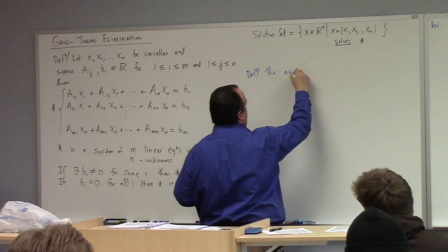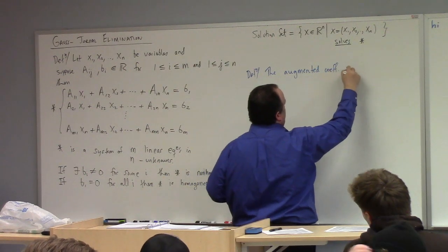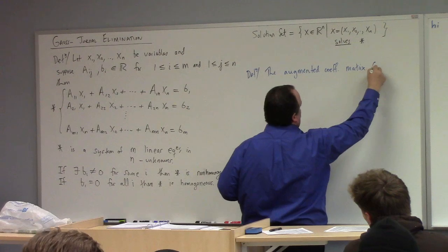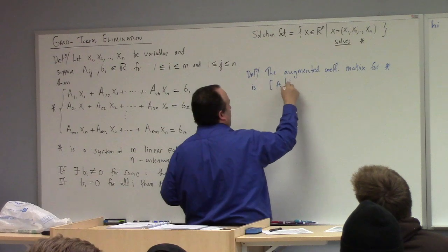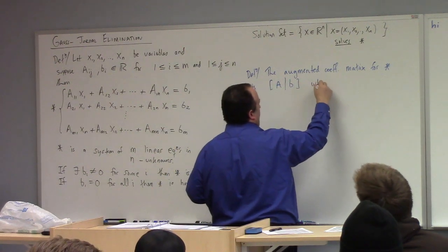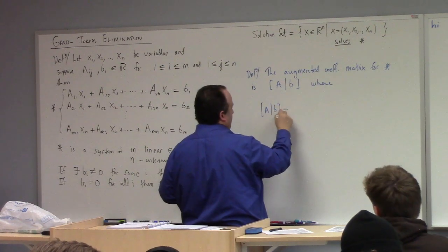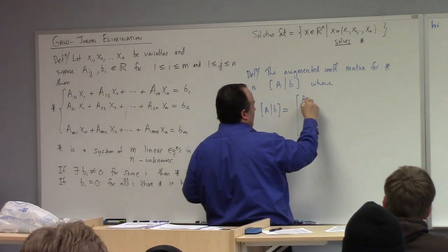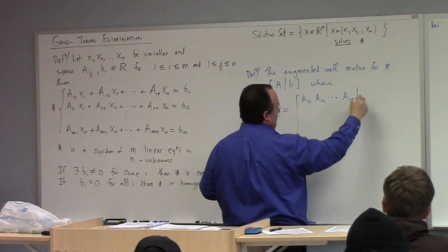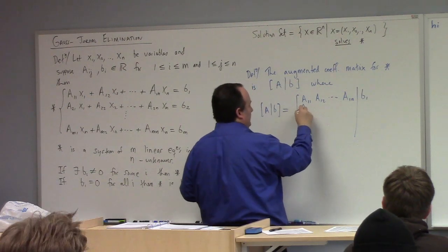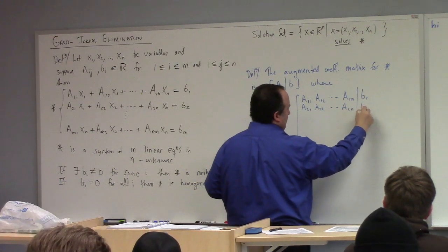The augmented coefficient matrix for star is A with B slapped onto it, where by this I mean [A|B] is equal to, so you've got A11, A12, all the way out to A1n, and then B1, A21, A22, A2n, B2.